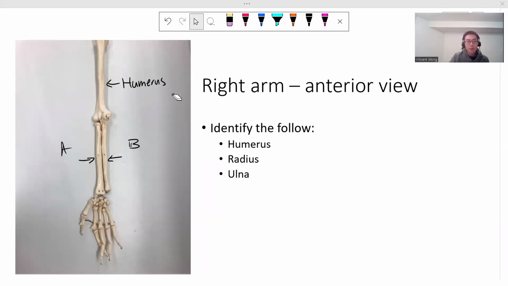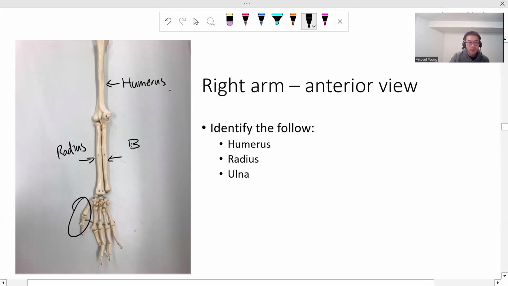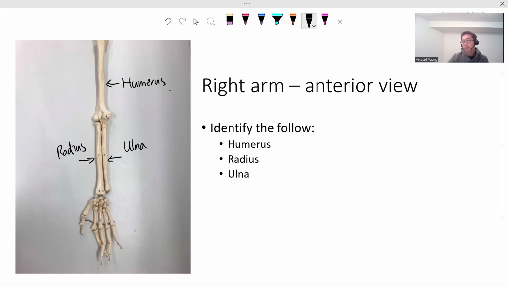Well, the radius is the one that's lateral. That's on the same side as the thumb. This is the thumb. And then that's the ulna. This is the right arm, and you're looking at the palm of it, right?